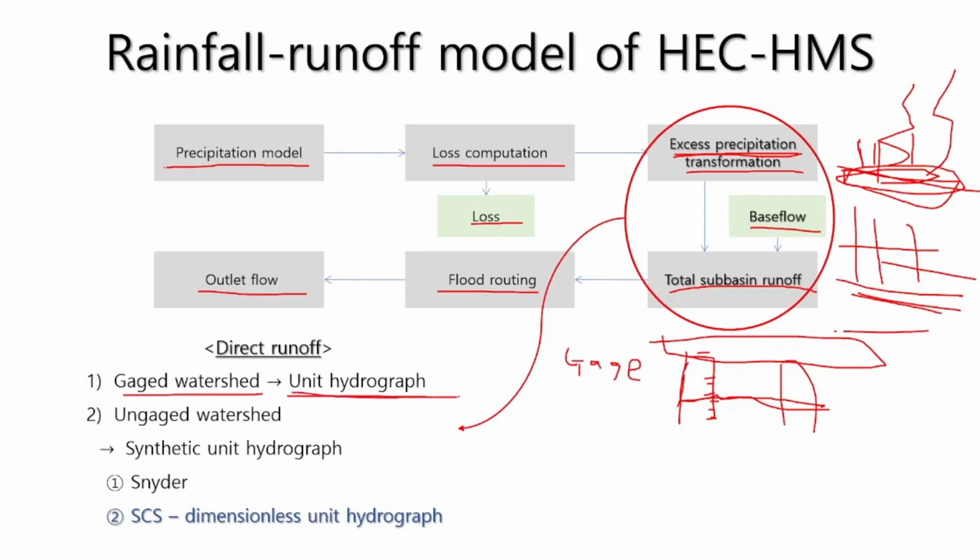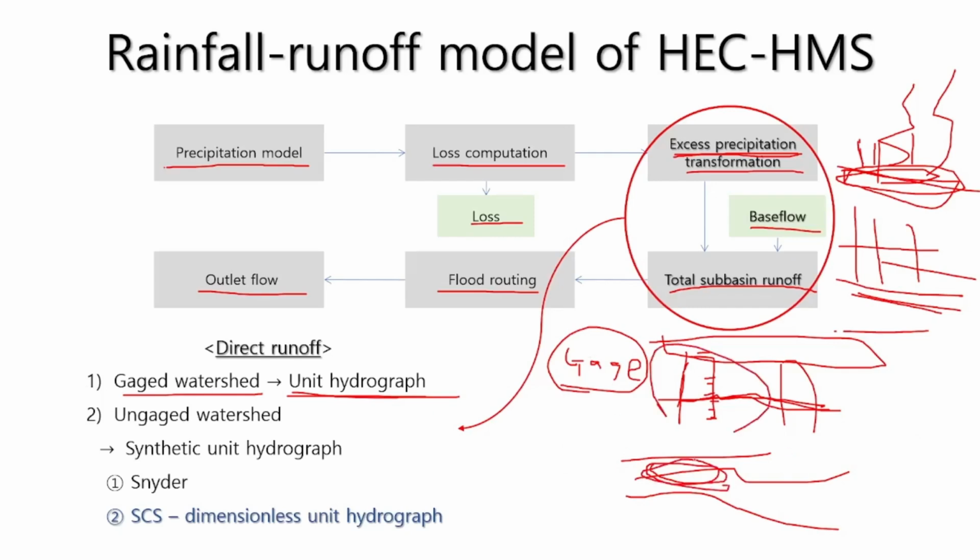Okay, so when we say gauged watershed, it means we have these gauges, whether it's part of a bridge or maybe some gauging device that measures the water level, or sometimes they measure the flow directly using a device. Okay, they do that too. So we have some type of gauge, whether it's this or this.